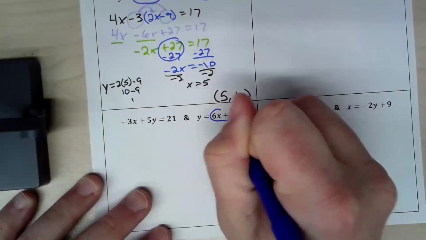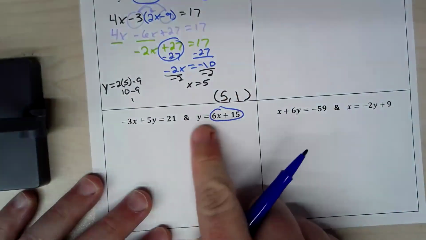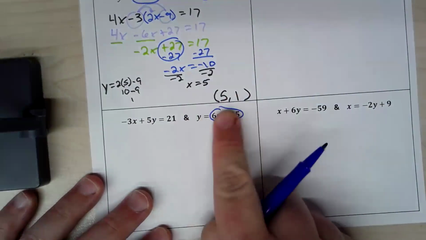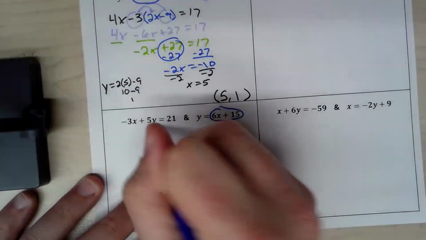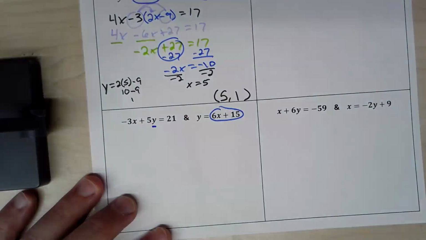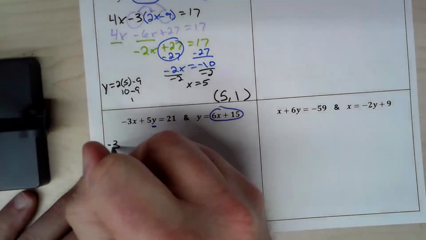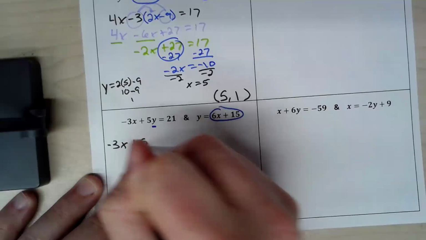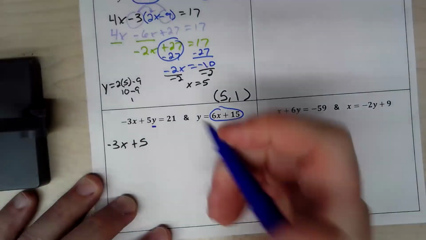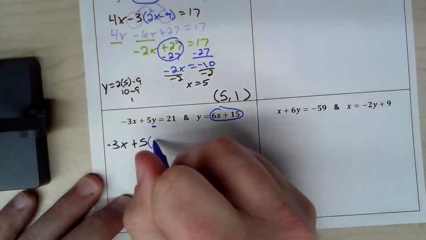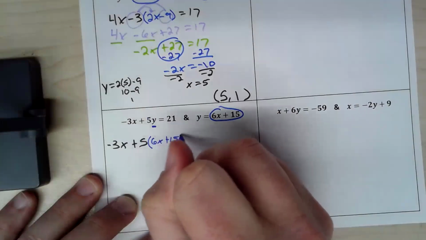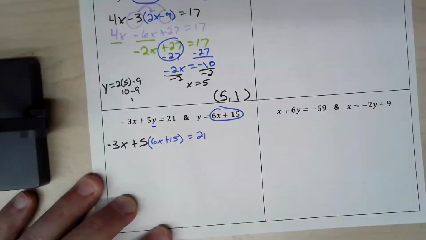So again, if I want to substitute, one of our variables is already isolated, either y or x. I'm going to substitute in this entire thing in place of y. So I rewrite. Everything else is negative 3x plus 5, but instead of 5 times y, I'm substituting in 6x plus 15 equals 21.